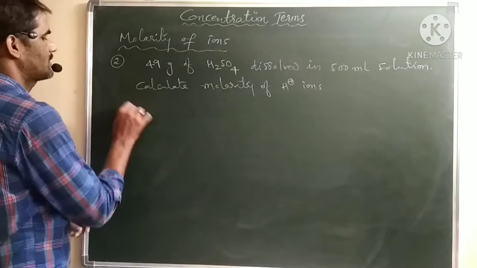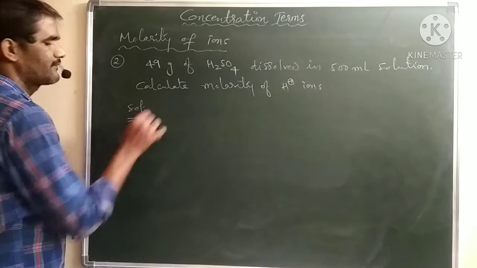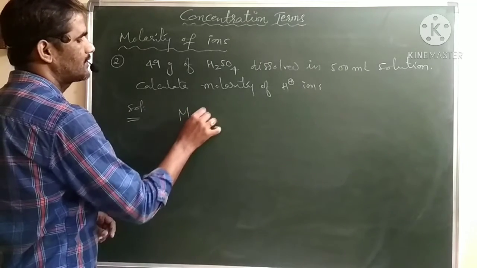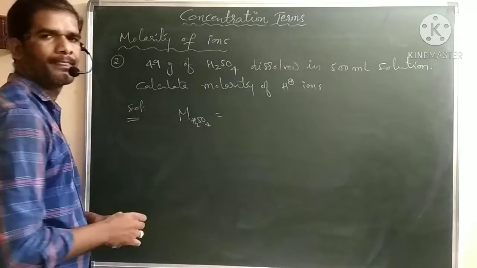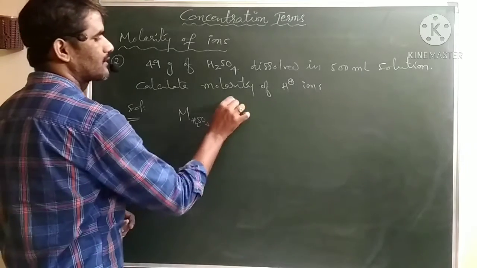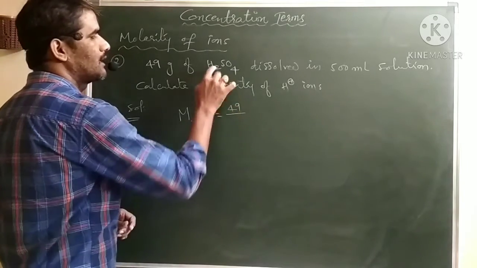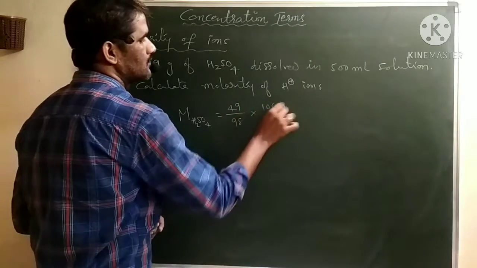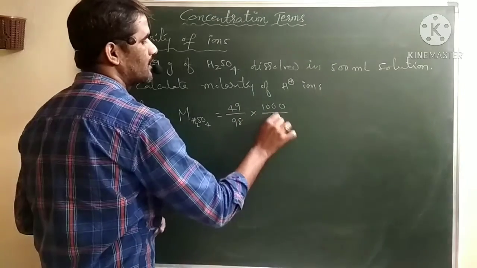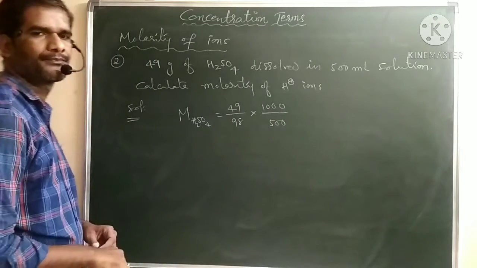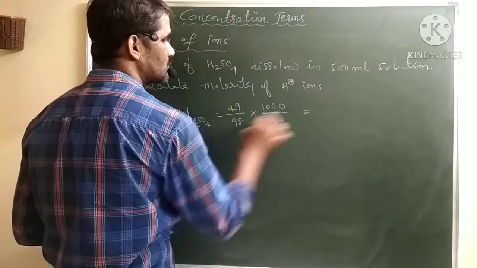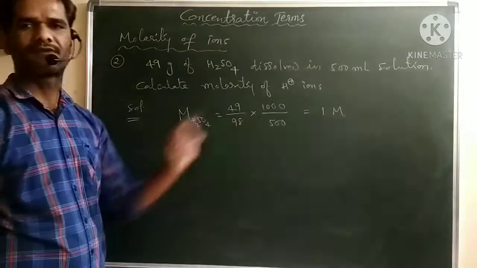Again, first of all, we have to calculate the molarity of H2SO4. What is the molarity of H2SO4 here? Again, weight 49 grams by molecular weight 98, into 1000, volume is 500 ml. Then how much will you get? In this case this is 1 molar.